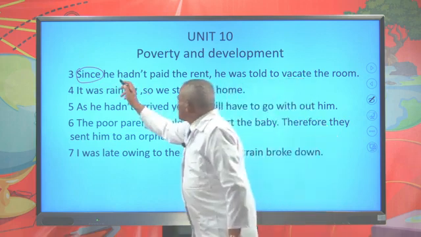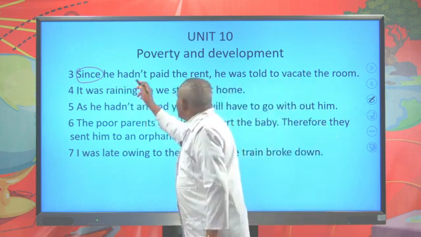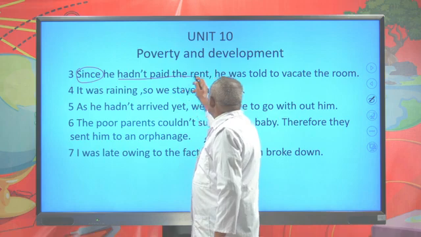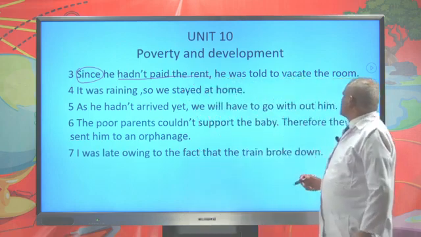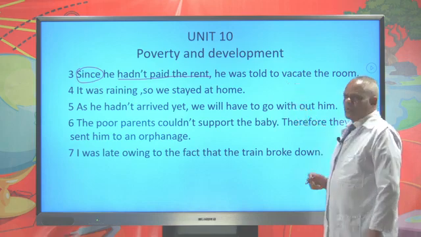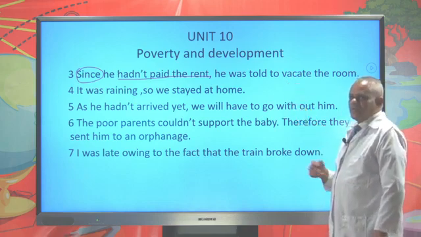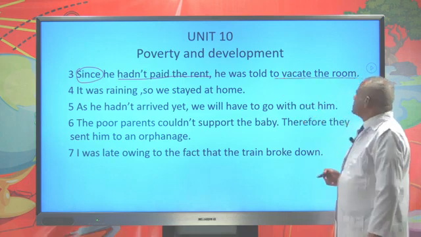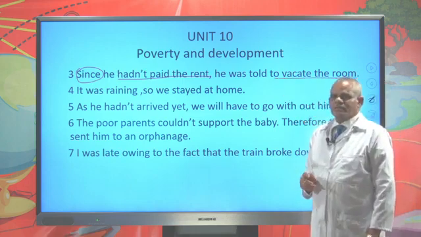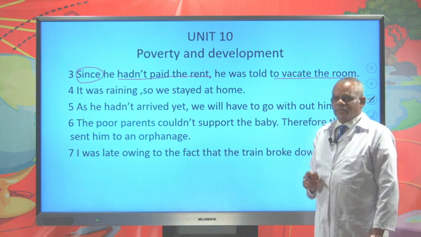He hadn't paid the rent, that is a cause. And finally, what is the result? They told him to vacate, to leave the home. To vacate the room is the result, the effect.